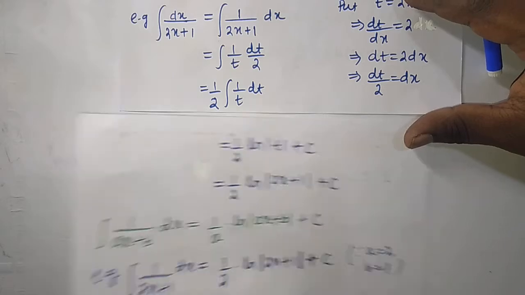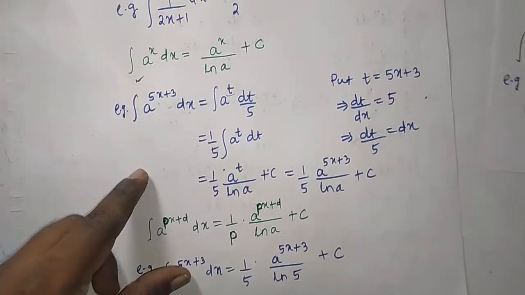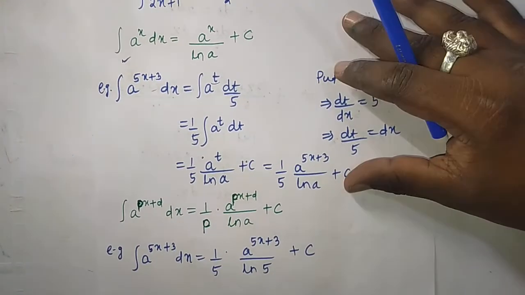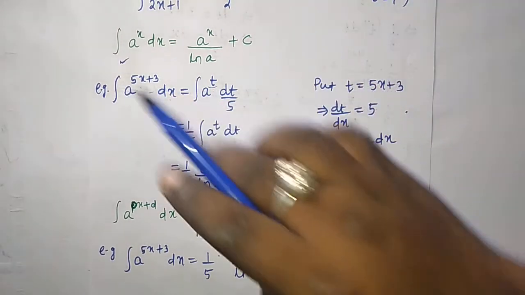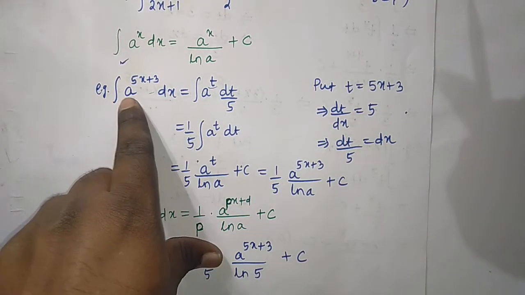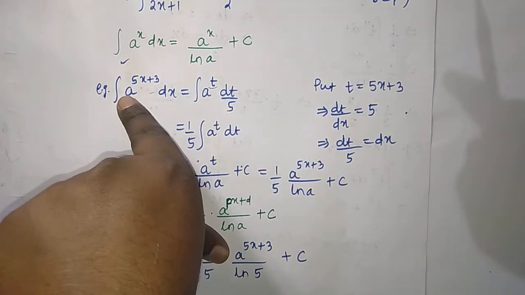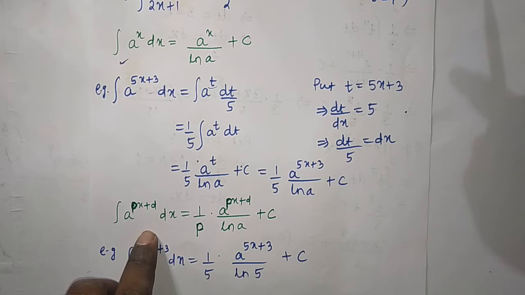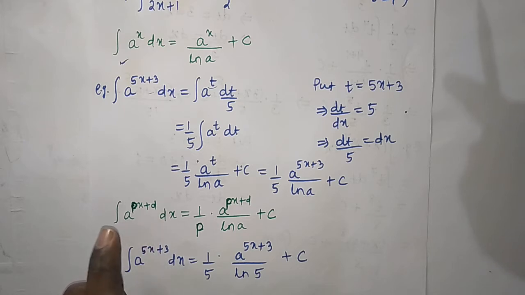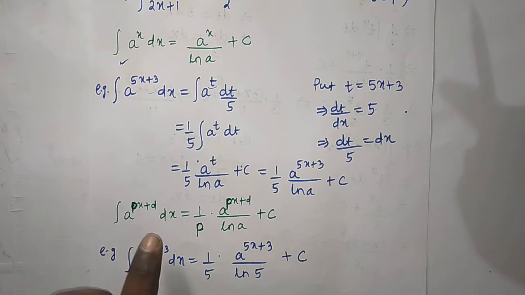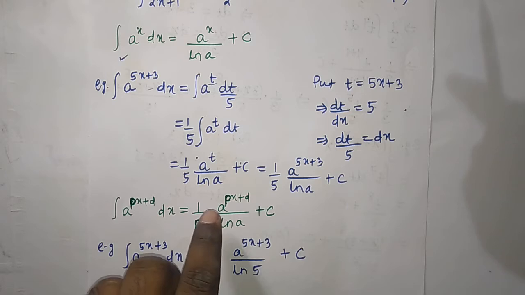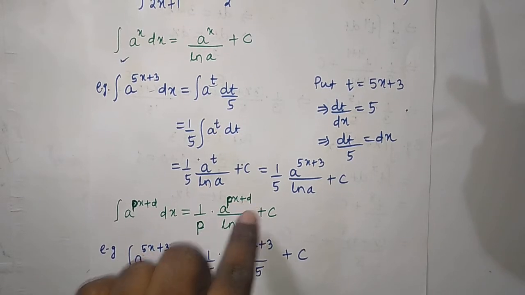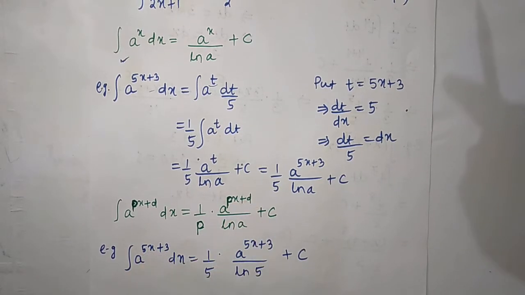Now I am giving another shortcut, for this formula as well. Here I have explained the solution for a to the power 5x + 3. Another shortcut formula is: integration of a to the power (px + d) is equal to 1 by p into a to the power (px + d) divided by ln a, plus c.